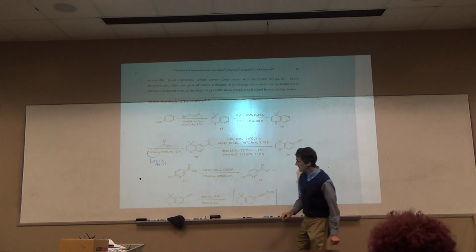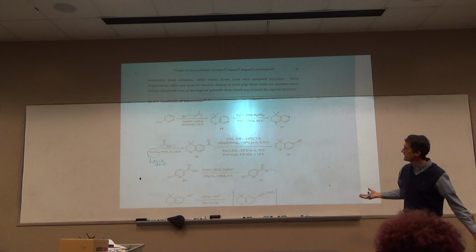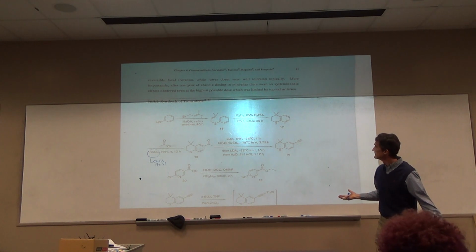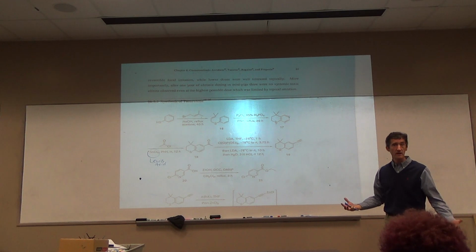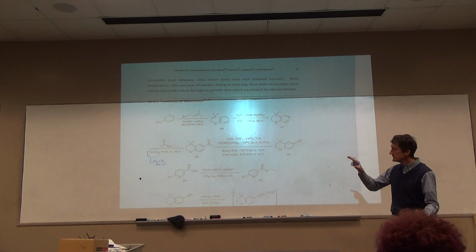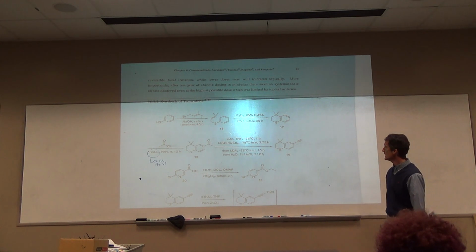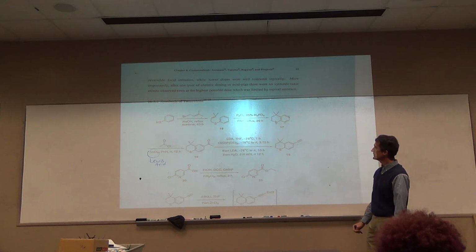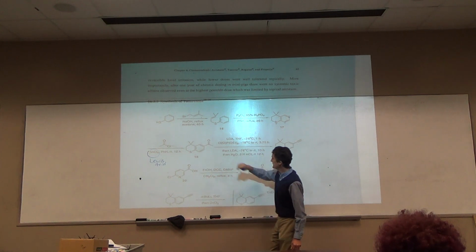Para. Now that doesn't mean they didn't get any ortho because they're not given a yield here. Maybe there was also some ortho in the product mixture and they had to purify it out. But again, a lot of times these carbocation reactions prefer para. Alright? So that's just another, it's like back-to-back Friedel-Crafts. One from an alkene to make the second ring, then they're putting on the acyl group.